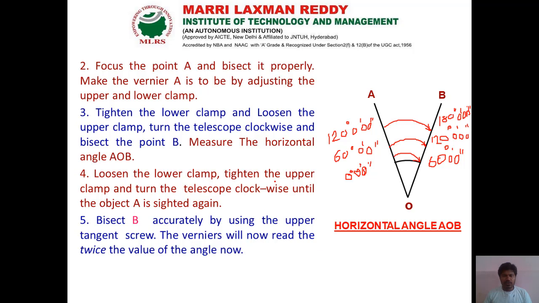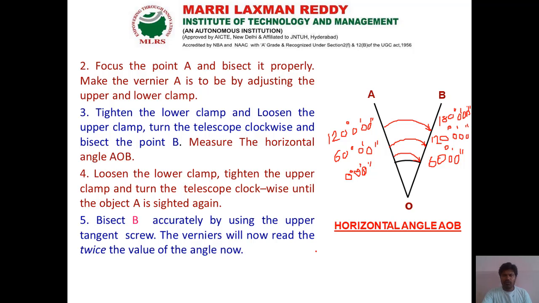So this is how I calculate the horizontal angle using the repetition method. We have done it with the help of face left observation. Similarly for face right, first transit the theodolite telescope, and after that swing the instrument so that we can get the face right observation. In face right, the vertical circle is on the right side of the observer.